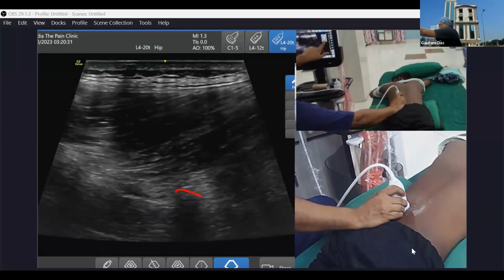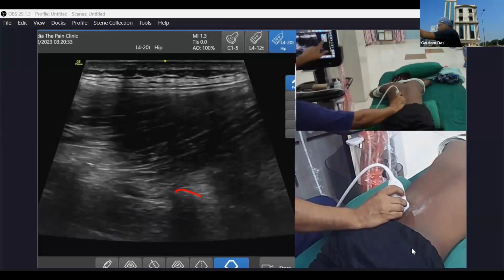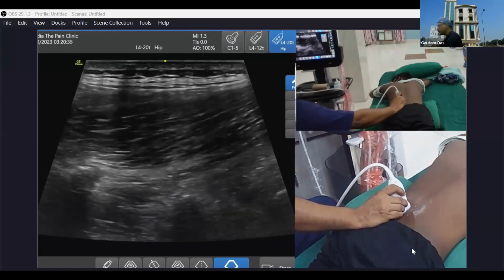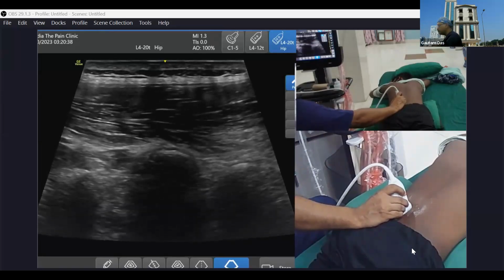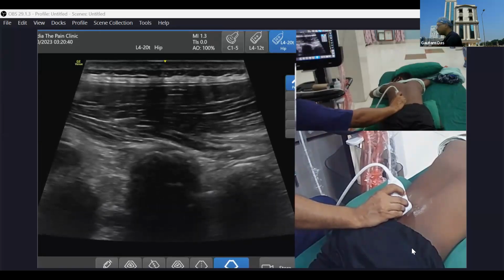Now at this point, I am sliding the probe medially. And then what will happen? Some bone will come. So this bone is your what?